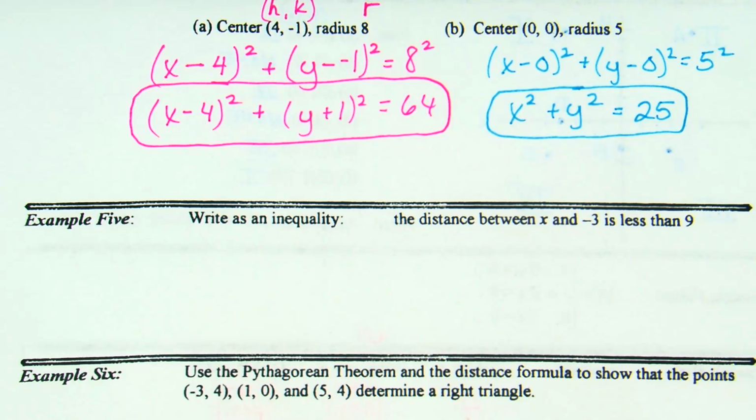So, distance. We talked about distance yesterday. What did we talk about with distance yesterday? Where was distance in our definition? It wasn't a definition that's written down, but we talked about it.